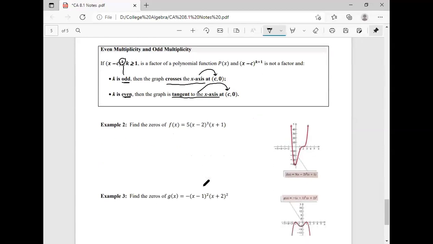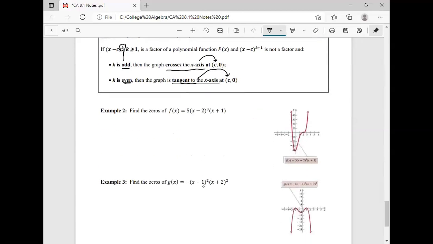Okay, so what are we talking about here? When you look at this graph right here, I can tell that at this place, whatever number that is, my graph is going to cross the x-axis at that place. Same thing over here. At this point right here, the graph actually crosses over the x-axis.